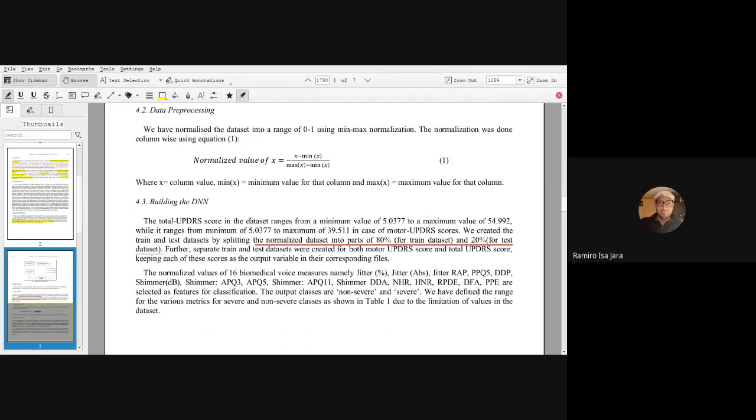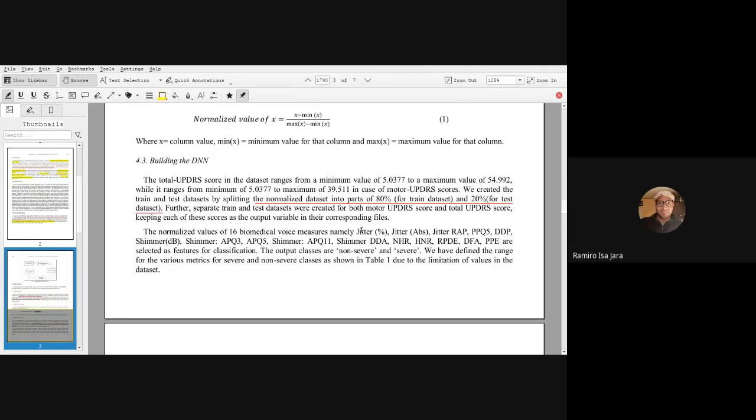The deep learning stage is used to improve the accuracy of detection, and finally to improve the classification stage. 80% of the data is used for training, and 20% is used to evaluate the architecture of this algorithm.